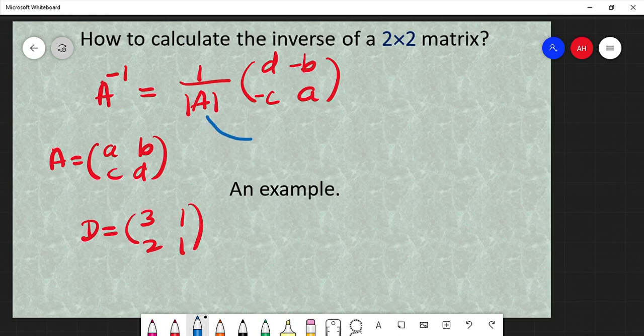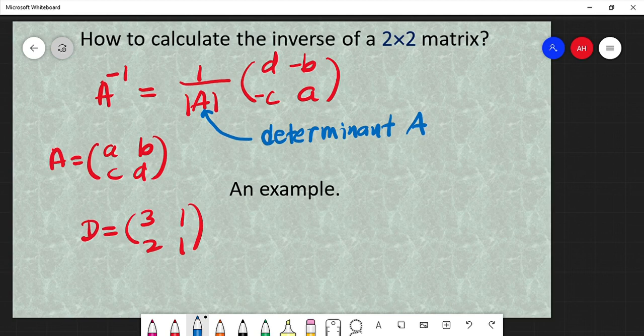Please take note that in the formula we need to find the determinant of that matrix first.